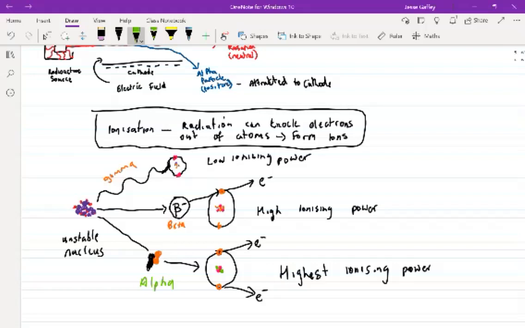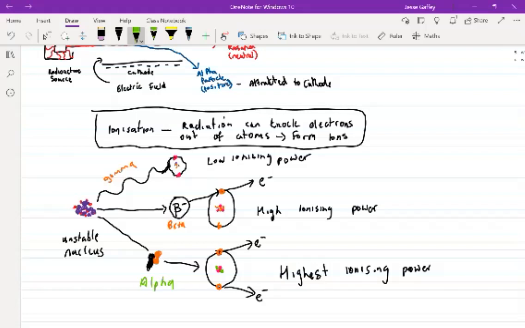DNA is very susceptible to being ionized. So if you knock electrons out of DNA, you can essentially change its structure. And that's what we call a mutation. And if you mutate your DNA, you change the structure, then you can potentially create damaged genes and lead to genetic diseases and cancers and stuff like that.